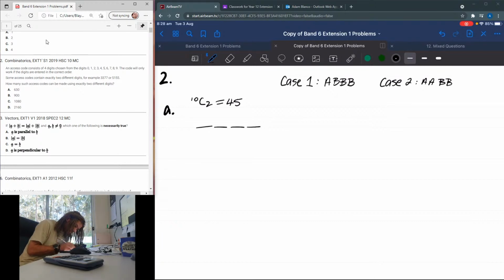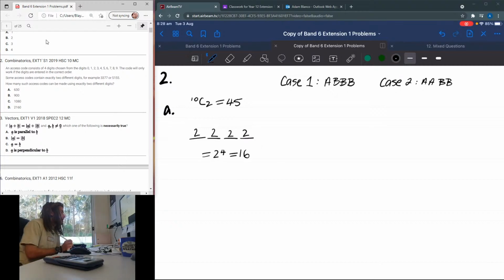I don't like this method, it doesn't really make sense to me, but I just want to show you anyway. Your configurations are, you can have 2 numbers there, 2 numbers there, 2 numbers there, 2 numbers there. So that's 2 to the power of 4, which is 16.